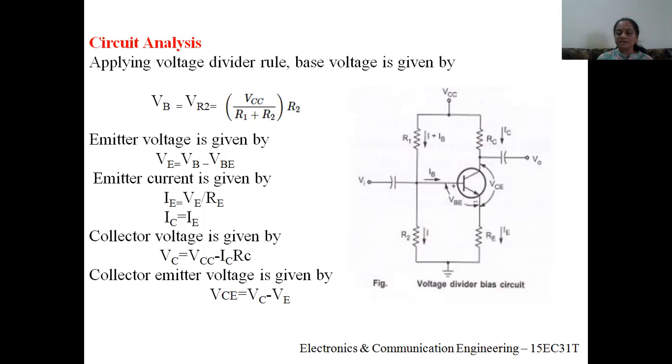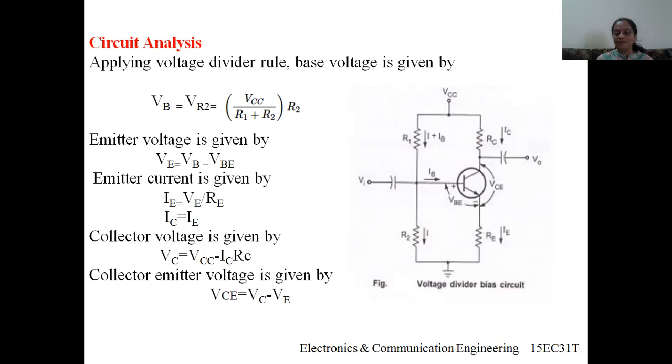The voltage drop across R2 is the base emitter voltage, which always keeps the base emitter junction forward biased, and the voltage drop across RE provides stabilization, or the stability factor. We studied in the previous session that the stability factor is the ratio of change of collector current with respect to the reverse saturation current.